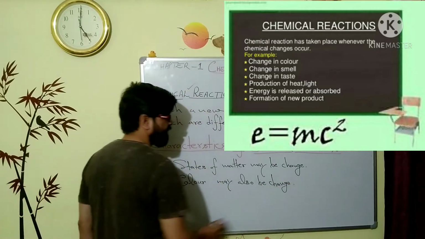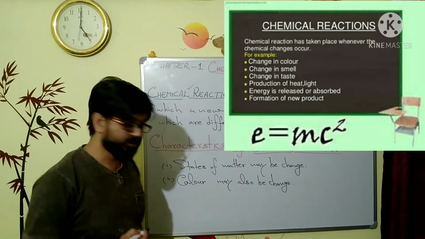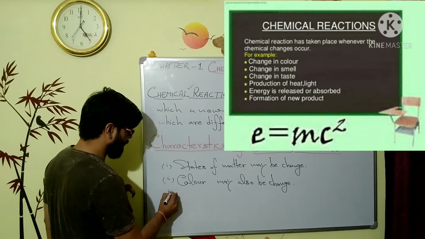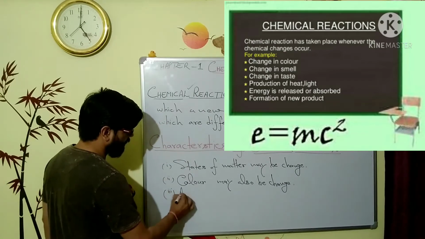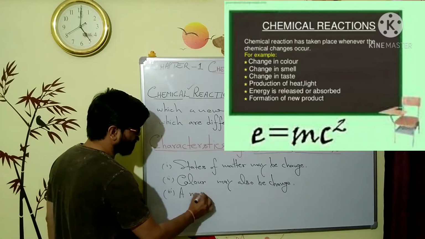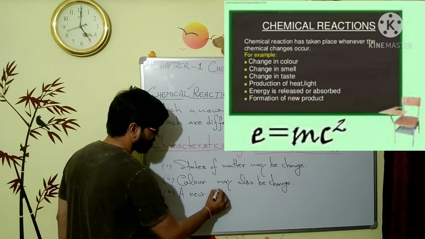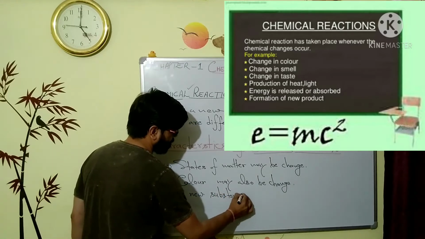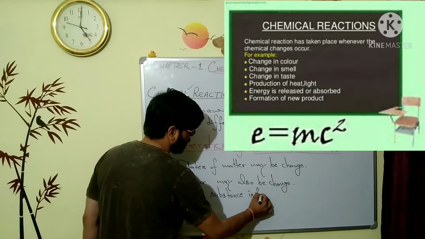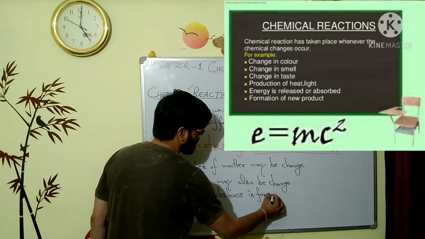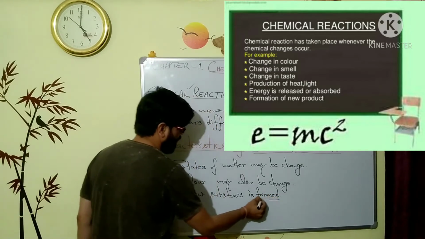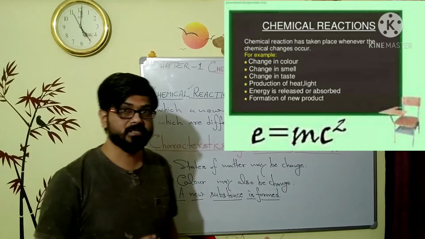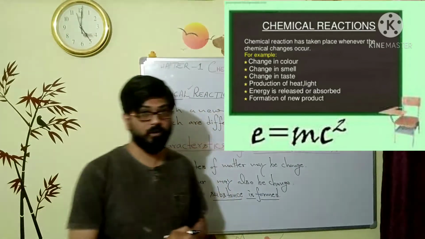During a chemical change, color may also be changed. One specific character during a chemical change is that a new substance is formed. That is the specific character of a chemical change. Always during a chemical change, a new substance will be formed.